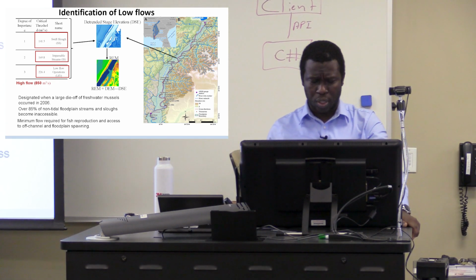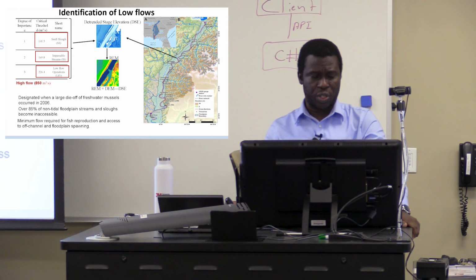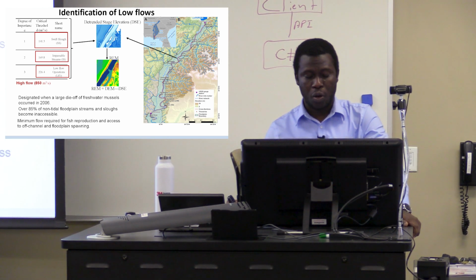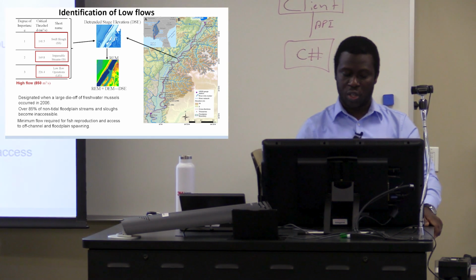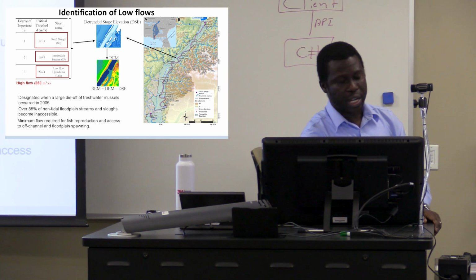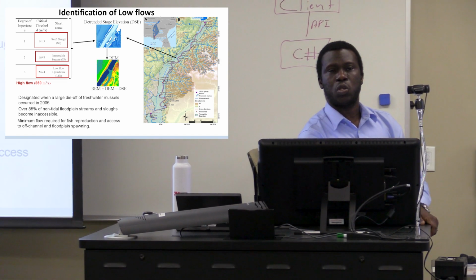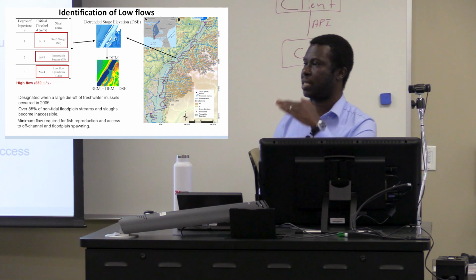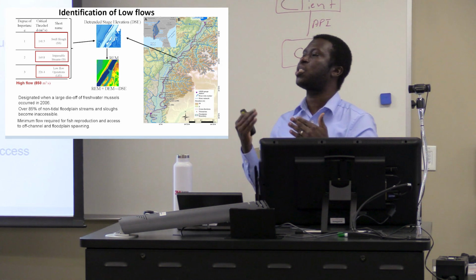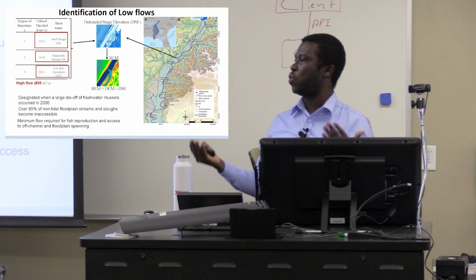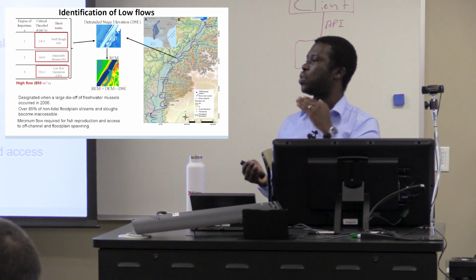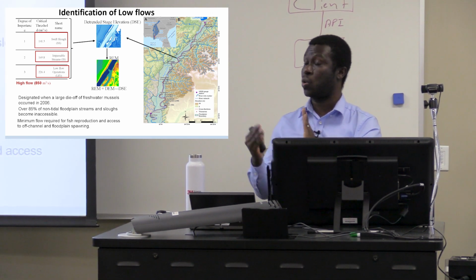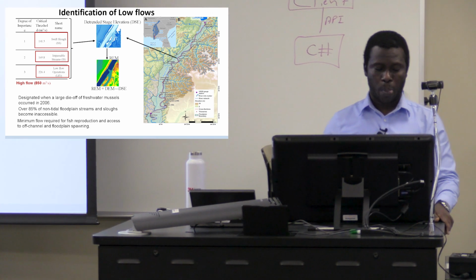The other threshold is low flow operations, which is 22.64, the minimum flow required for fish reproduction and access to off-channel and floodplain spawning. So at this water level or below, fish can no longer go to the floodplain to spawn. These became the thresholds that we used to analyze. They are actually ecological thresholds.